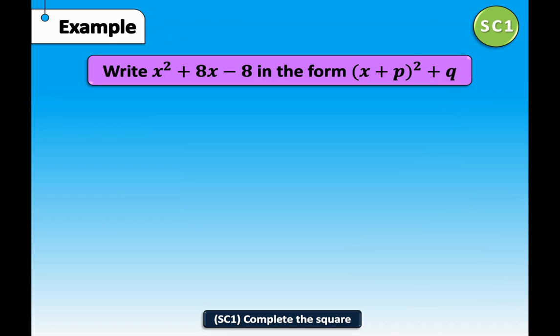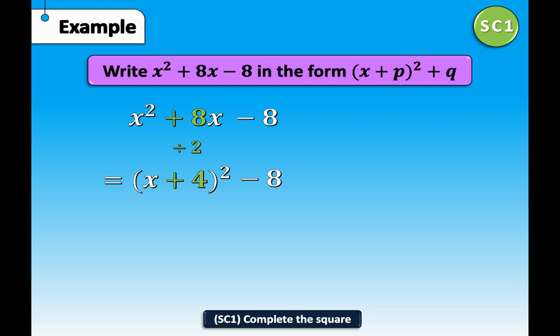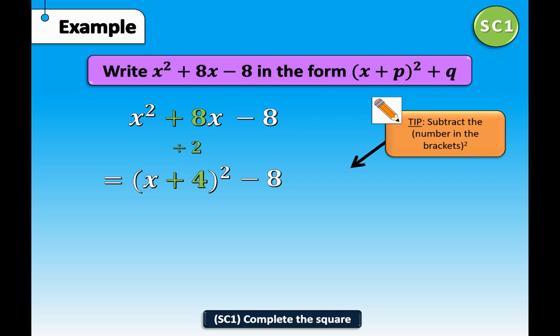So for example, if we want to write x squared plus 8x minus 8 in completing the square form, we first of all half the coefficient of x. So half of 8 is 4, and that's the number that goes inside the bracket. Now that bracket is squared, so what we've got to do is change that minus 8 and we take away 4 squared.